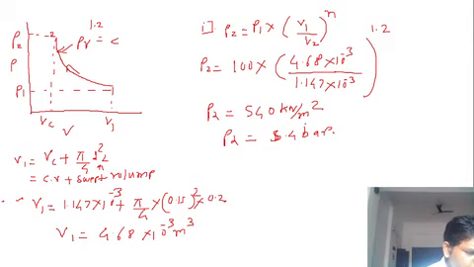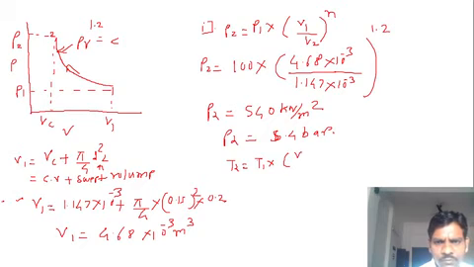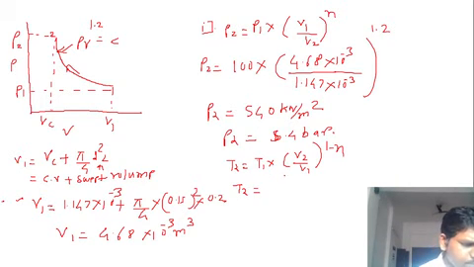Then after that, we determine T2. So T2 is equal to, what is the formula? T1 into V2 upon V1 to the power 1 minus N. Put the values. T1 is 303.